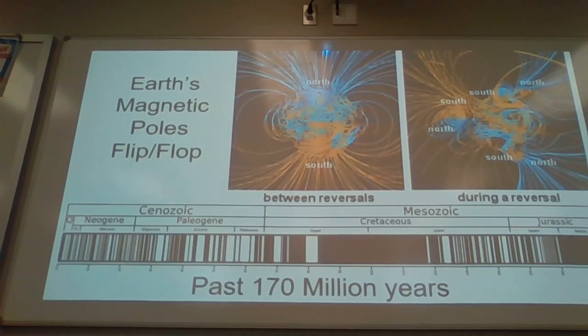Does that mean the end of humanity? No. There's still a magnetic field that protects us from the sun. It would be newsworthy if that happens, but it's not going to be the end of humanity. Some of those switches happened quickly, like 100 years.